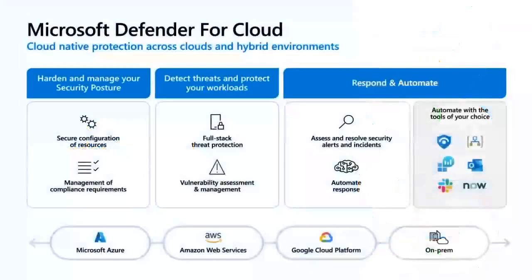So now we're going to talk about what is Defender for Cloud. Defender for Cloud is a solution for cloud security posture management, which is CSPM, and also cloud workload protection that helps you to find weak spots across your cloud configuration and strengthen the overall security posture of your environment.